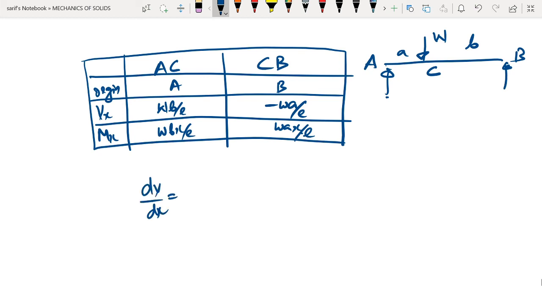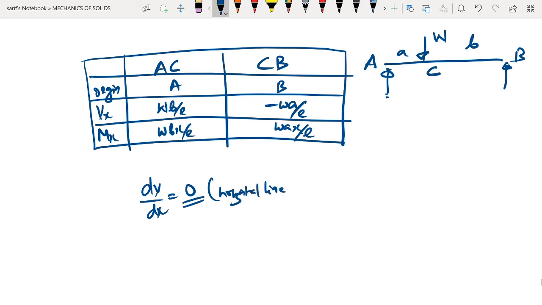The slope of the shear force diagram is 0. Because a and b are constants, and W is also a constant, L is also a constant, so shear force is a constant value, dV by dx will be 0. Simply put, it is going to be a horizontal line.